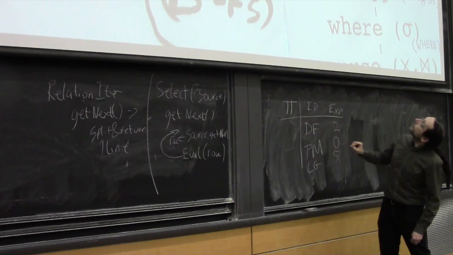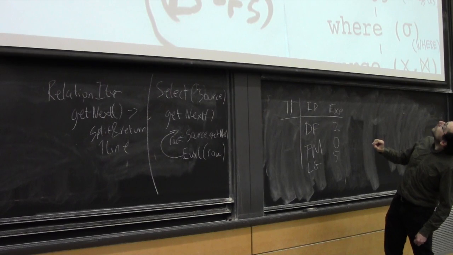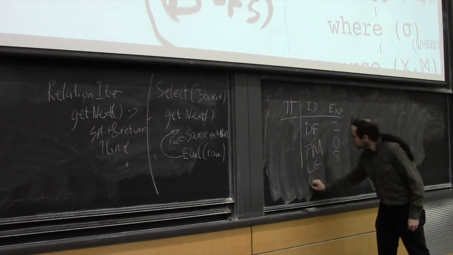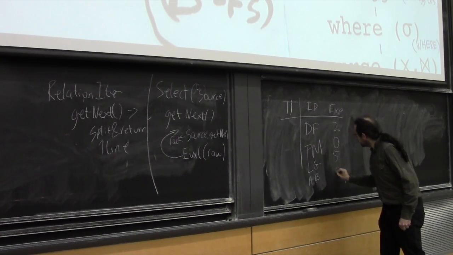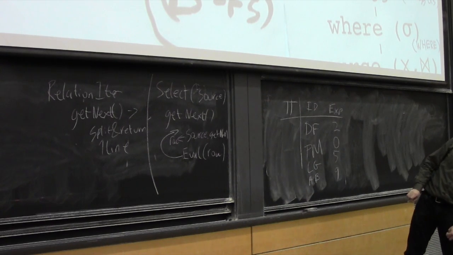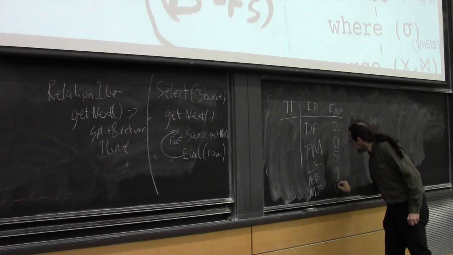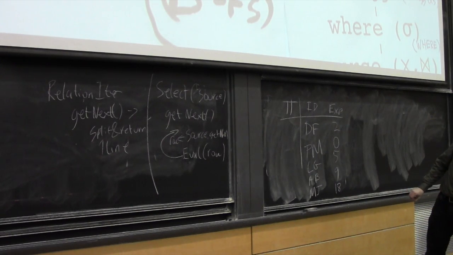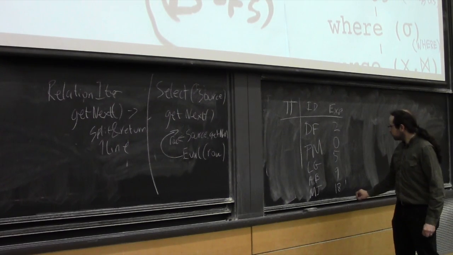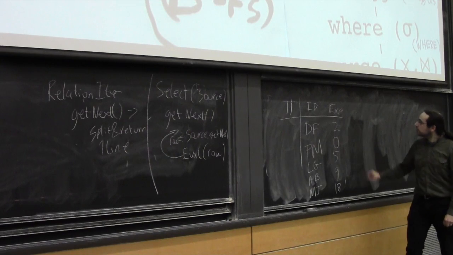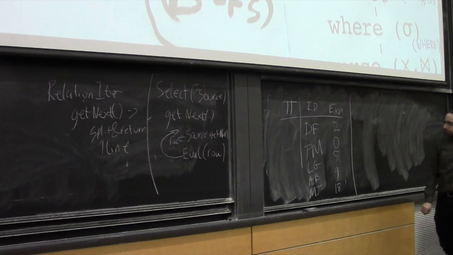AB is none. And MJ is 6. Yes, 18. And let's do one more, 6, and then 10. Actually, it's not going to change here.